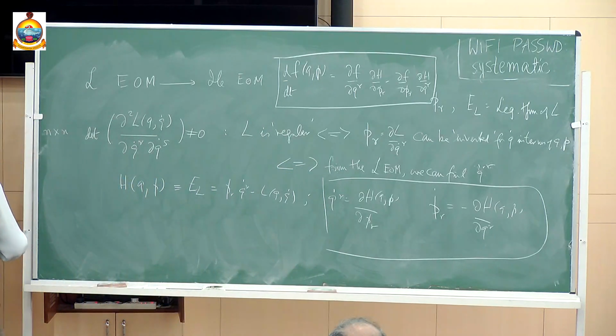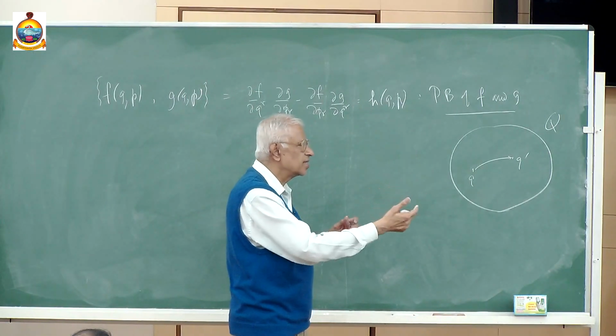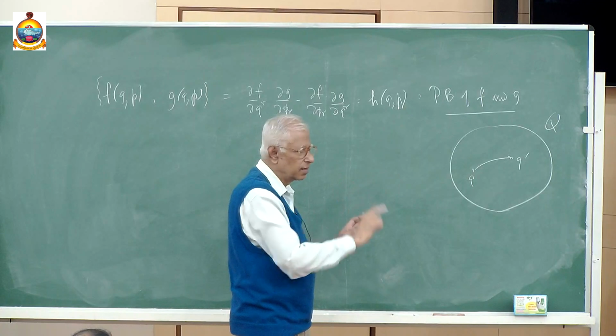More precisely, physicists use a somewhat sloppy way of dealing with these things. A point transformation should be thought of really as a mapping of configuration space onto itself. Take a point q in configuration space, a point transformation maps it to some other q prime. So q prime is to be a function of q in such a way that it can go backwards.